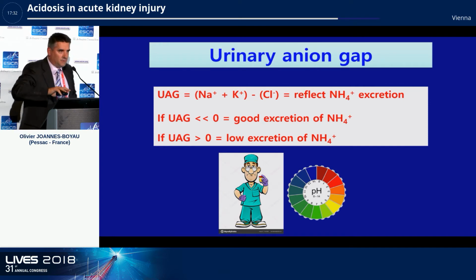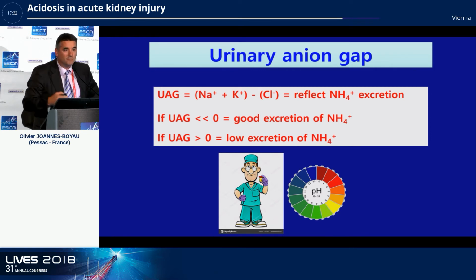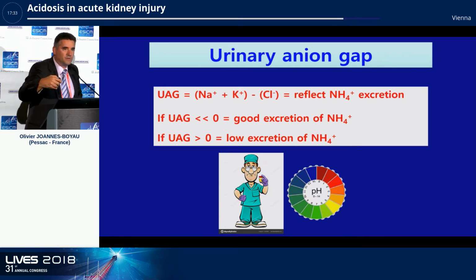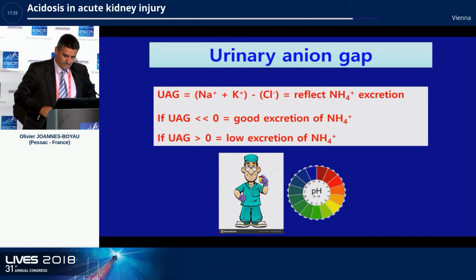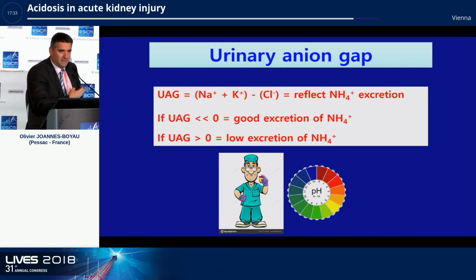And this is just an equation to be able to understand if the ammonium is excreted or not. If the urinary anion gap is very negative, you have a good excretion of ammonium, good excretion of protons, and the kidney is still able to fight against the acidosis. If the urinary anion gap is positive, you have a low excretion of ammonium, and you know that the kidney is not able to fight against acidosis. And acidosis is probably due to the kidney directly.